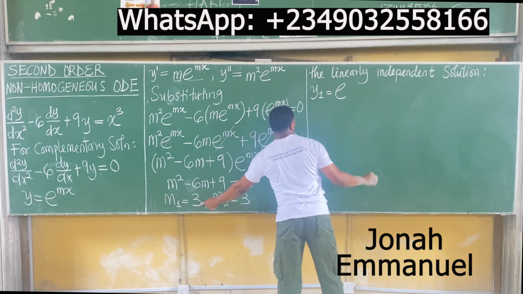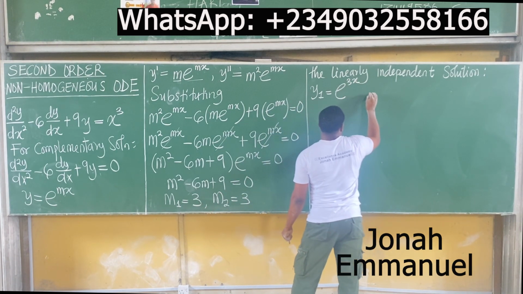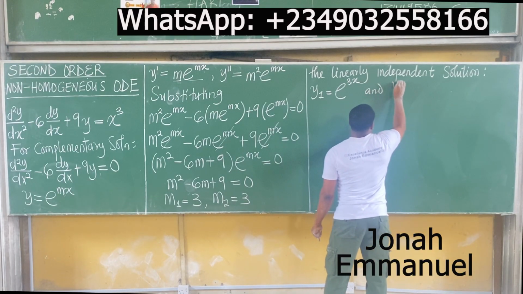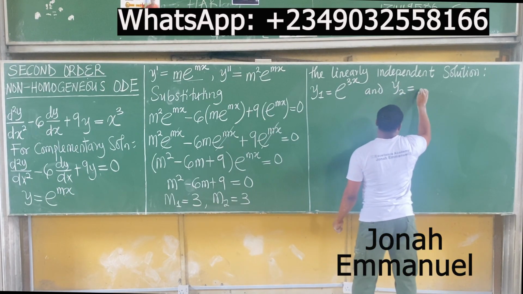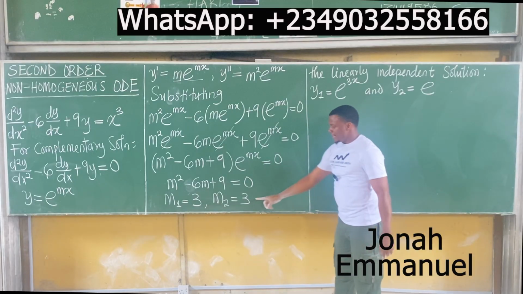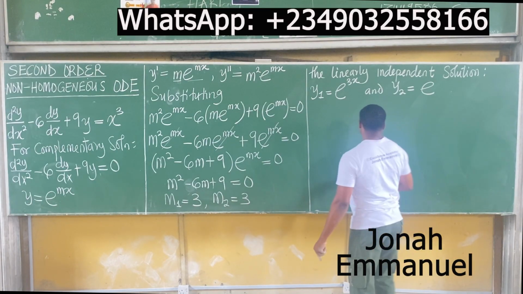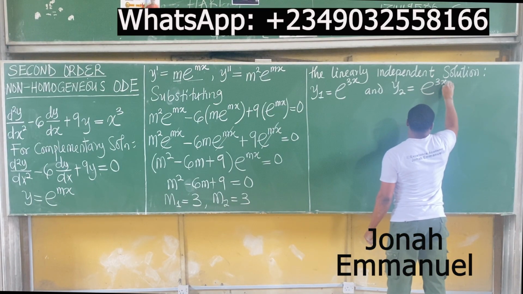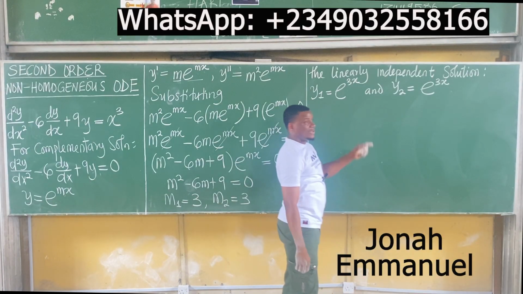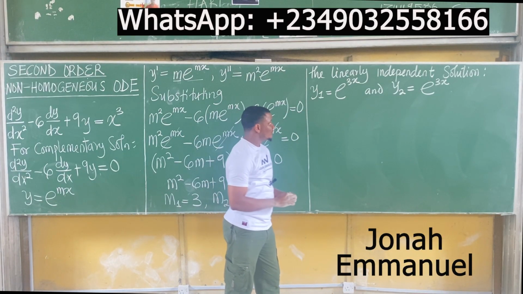What's m1? 3. 3x, that's m1x, and y2 is equal to exponential m2x. What's m2? 3. So it becomes 3x. So I have this for equal roots.